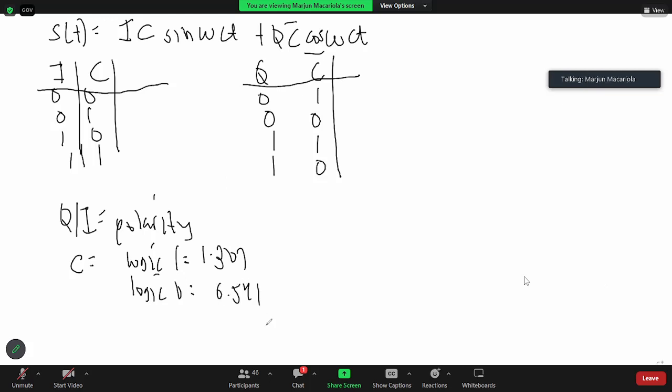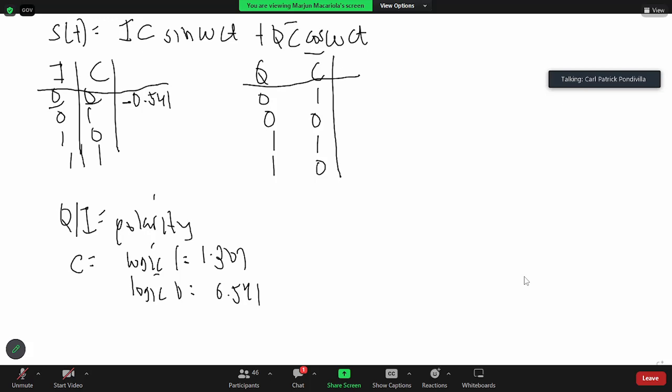Okay, so I and C are 0. I represents polarity, so that is negative. Since C is 0, that is 0.541. Nagets kung saan galing?